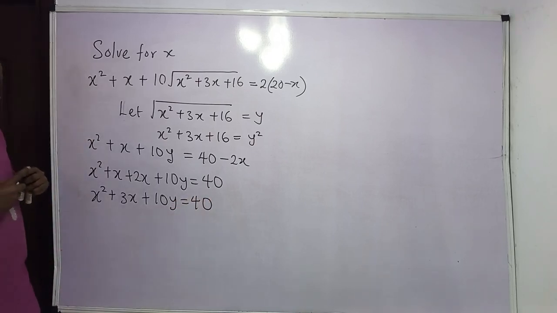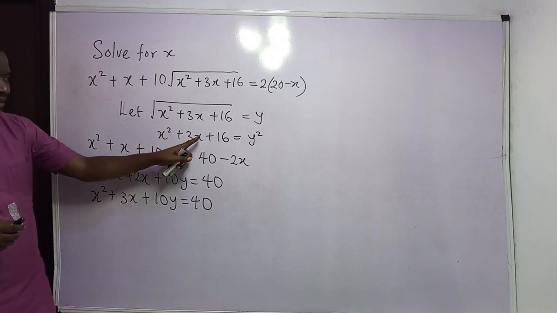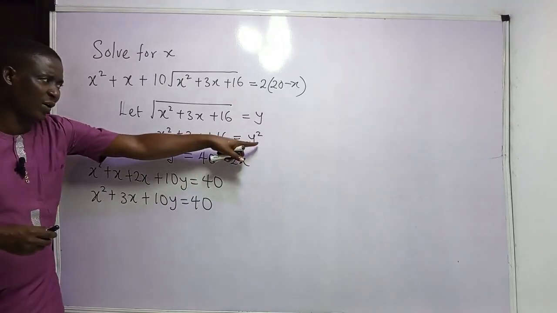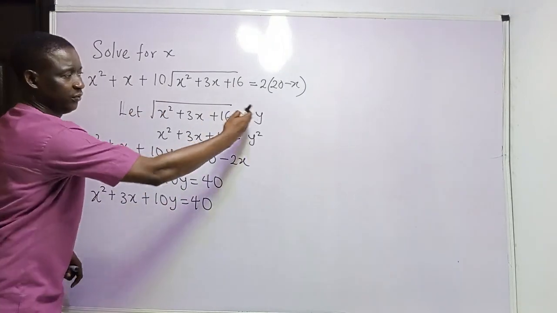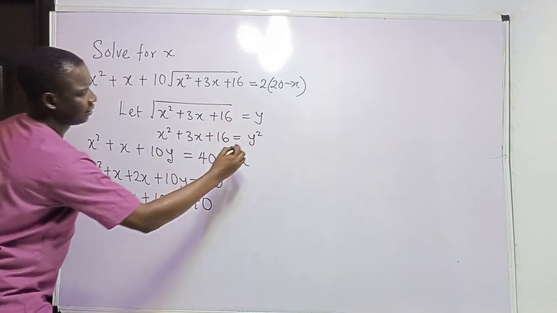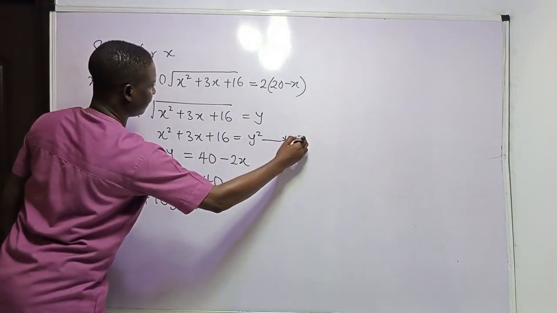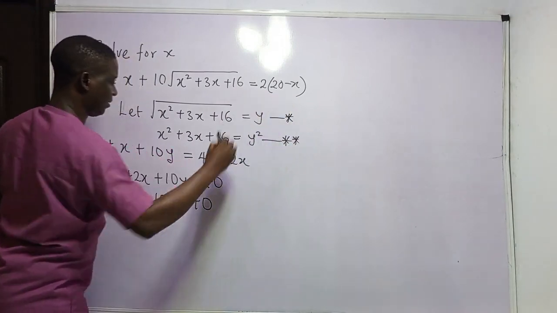Now, I'm seeing something here. This one is x squared plus 3x plus 16 equal to y squared, when we square both sides of this equation. Can I take this one there and let's see. Let me call this one star, and the other one star.